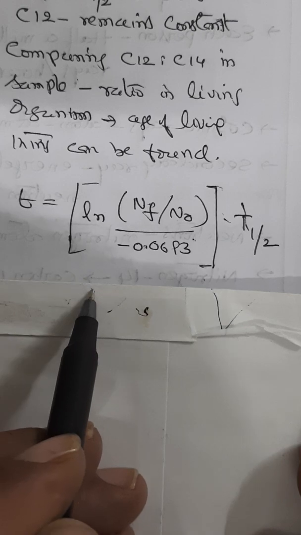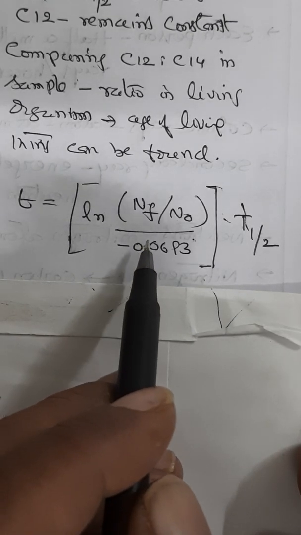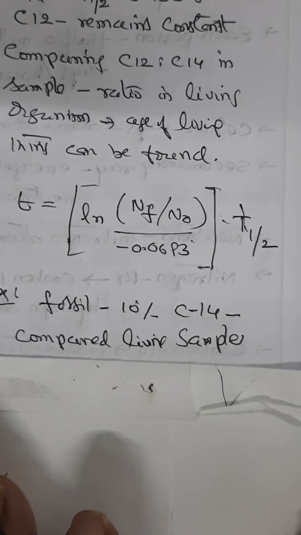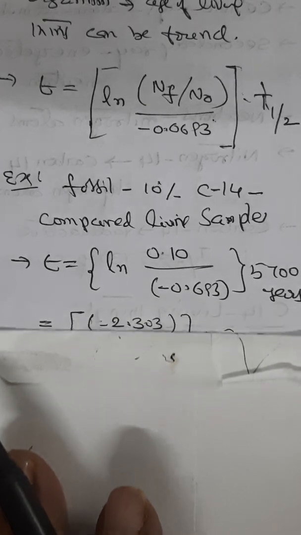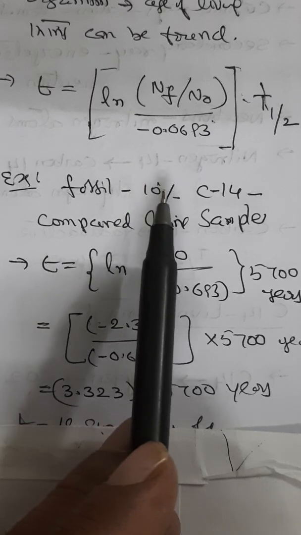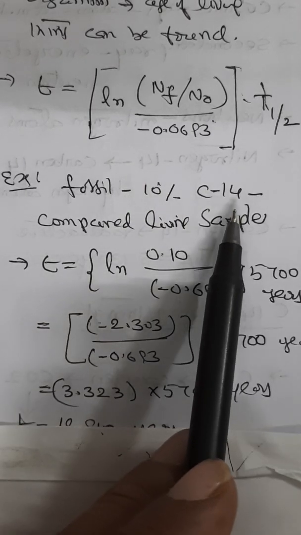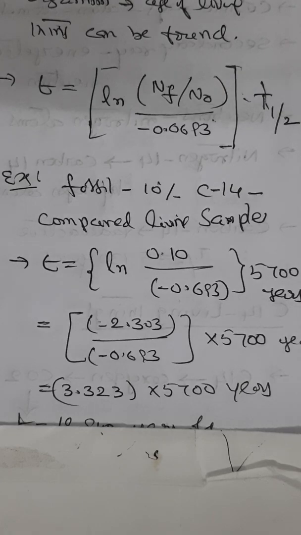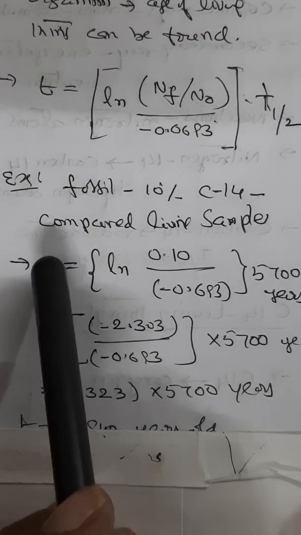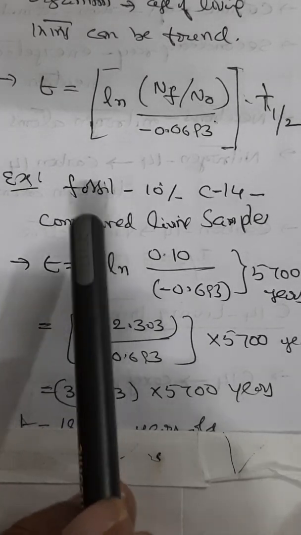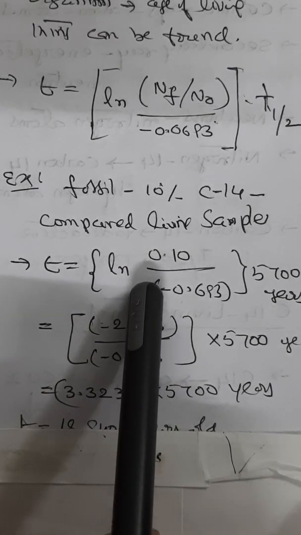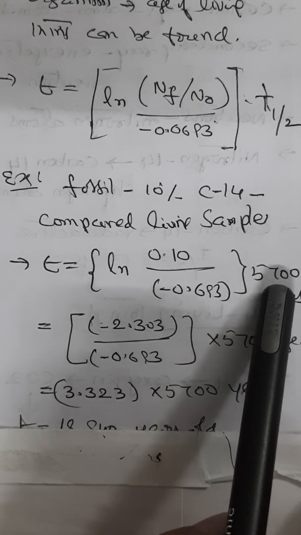Assume that the fossil has 10% carbon 14 compared to the living sample. Then the age of the fossil can be calculated like this. T is equal to the natural logarithm of 10%, that is 0.10, divided by minus 0.693 into the half-life, that is 5700 years.